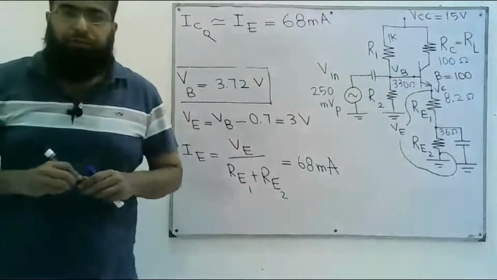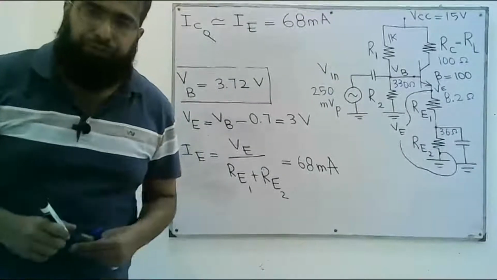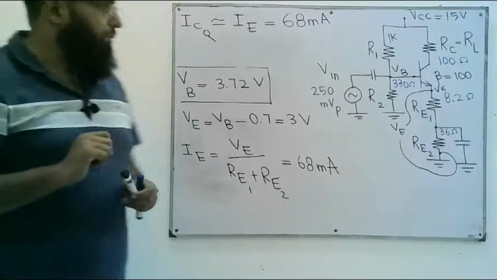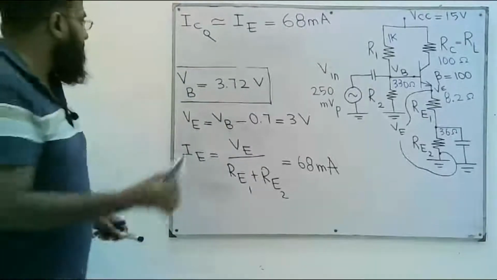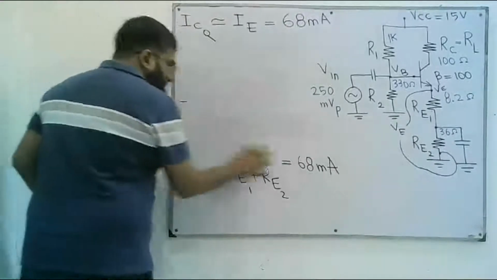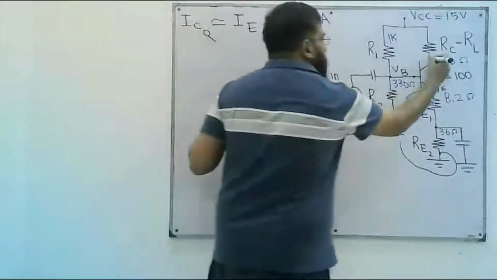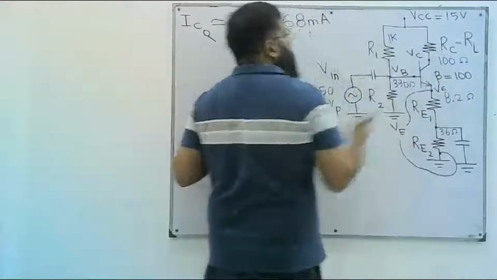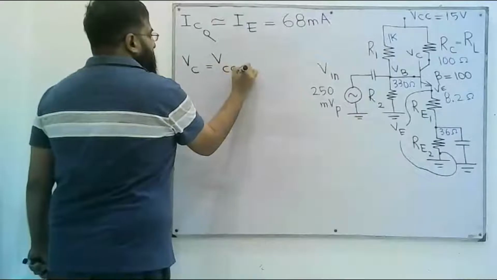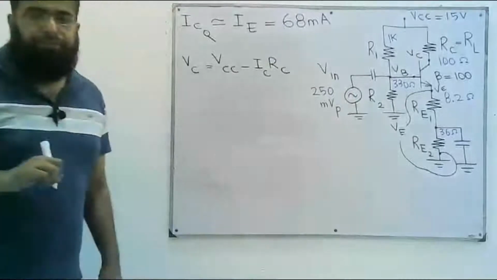So we have computed IC, the first portion of the first part. Then we come to the second portion of the first part, and that is VCEQ. We know that the voltage of the collector terminal with respect to ground can be written as VC is VCC minus IC times RC.